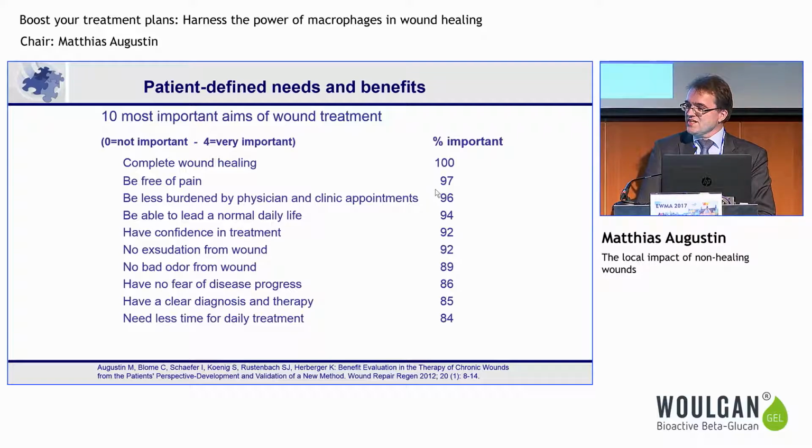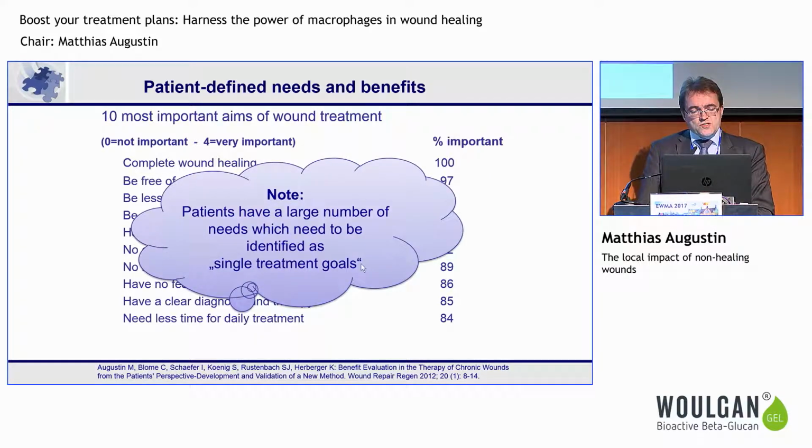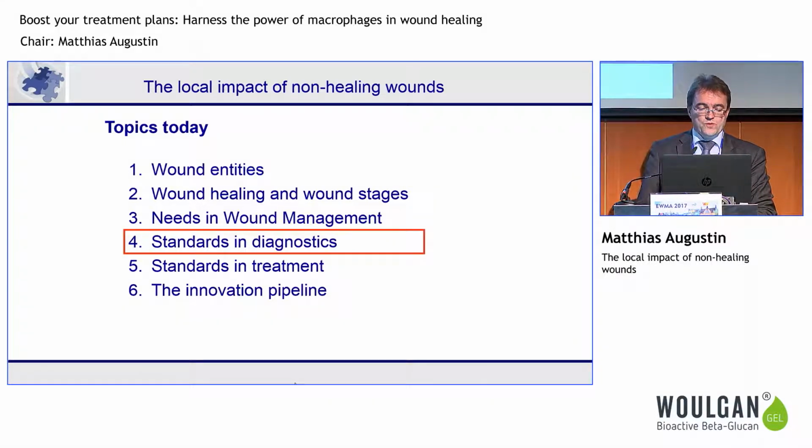But patients tend to want to be independent, of course, and want to be driving their development themselves. So the note here in the conclusion is patients have a large number of needs which need to be identified as single treatment goals. We can make more of it when we define the goal, identify the need, and then try to achieve the goal.